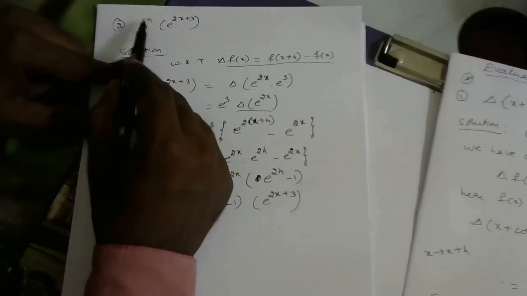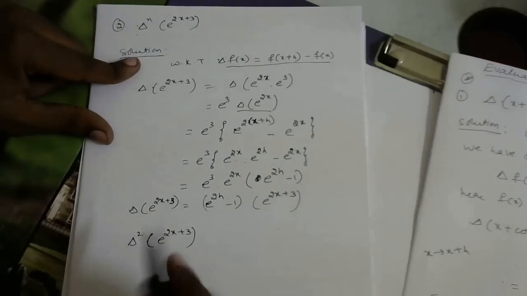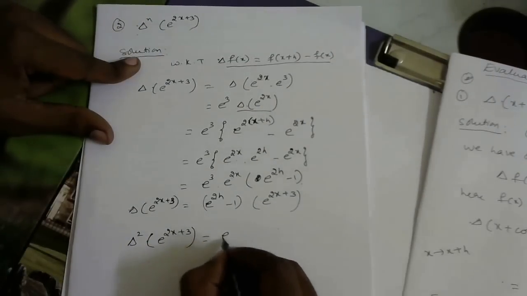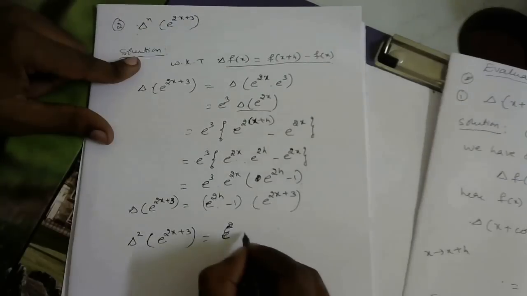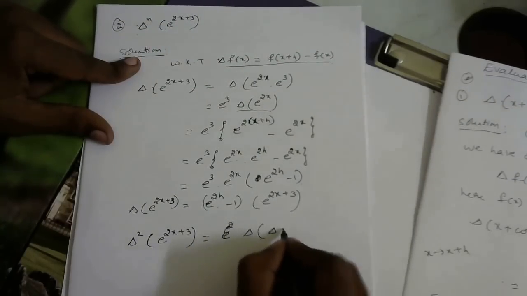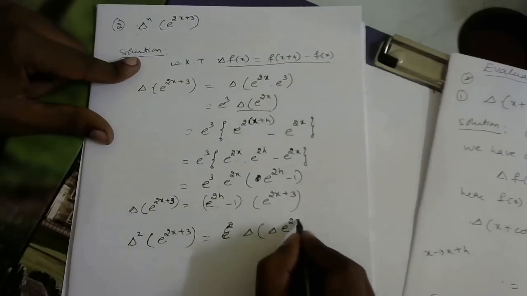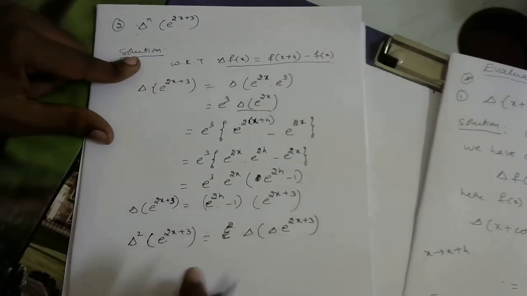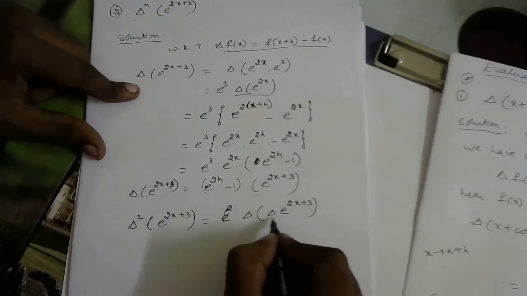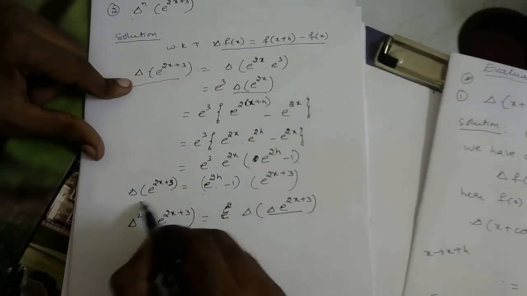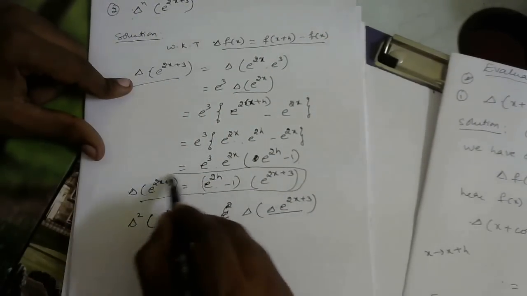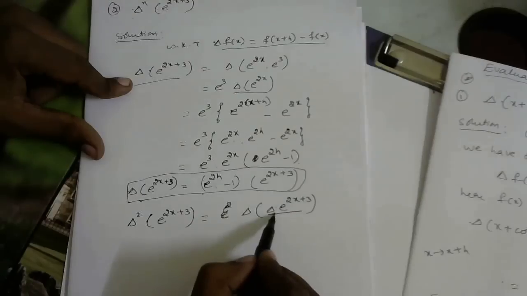We want delta to the power of n, so I'm going for the next one. What do you get? This is constant, take it out here. This can be written as delta into delta of e to the power of 2x plus 3. You can substitute here.